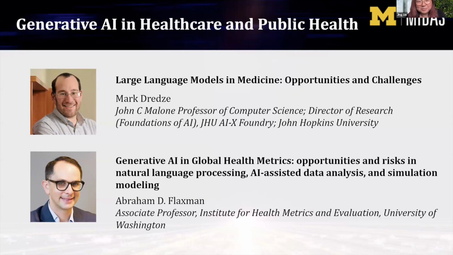and CNN. Then we have our second speaker, Abraham Flaxman, who is an associate professor at the Institute for Health Metrics and Evaluation at the University of Washington. His research covers a wide range of health topics, including various chronic diseases, substance use, mental health, health disparity, health economics, and so on.